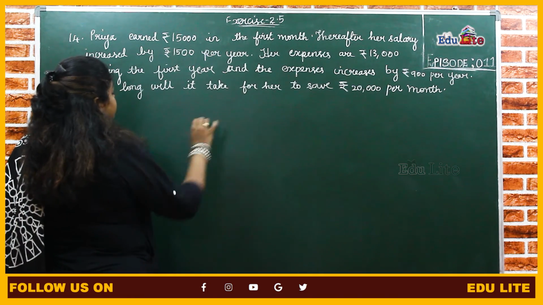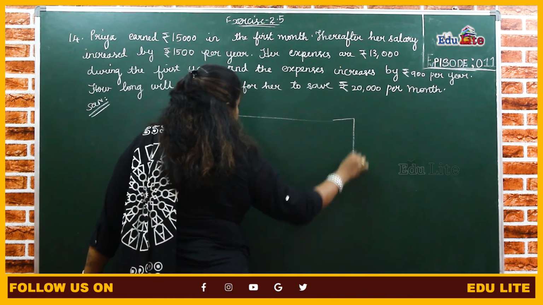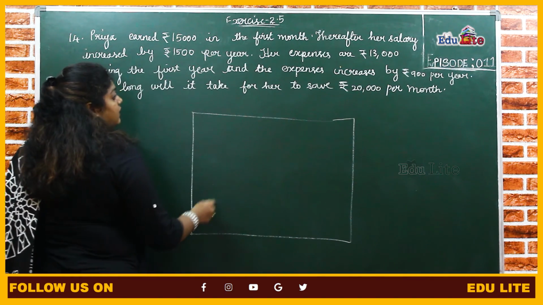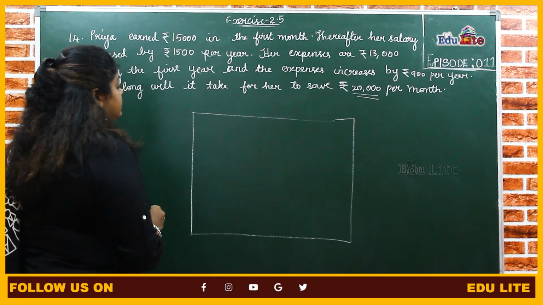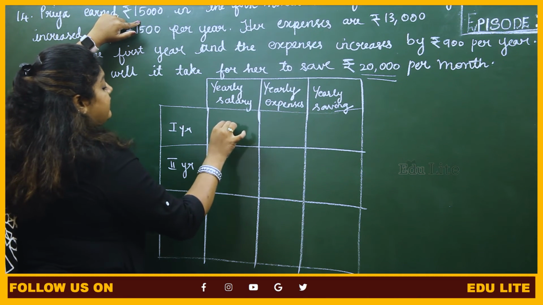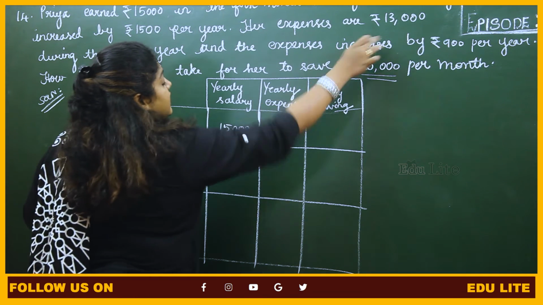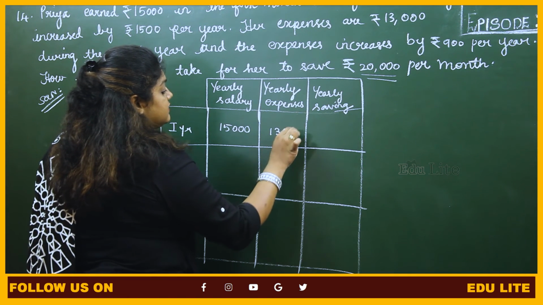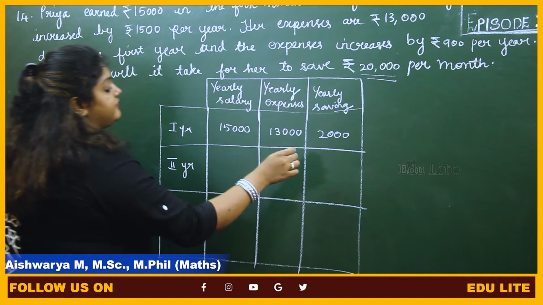First, we will draw the data in a table, then we will find how long it will take for her to save rupees 20,000 per month. In the first year she earns 15,000 per month and her expenses are 13,000. So, she saves 2,000 in the first year.